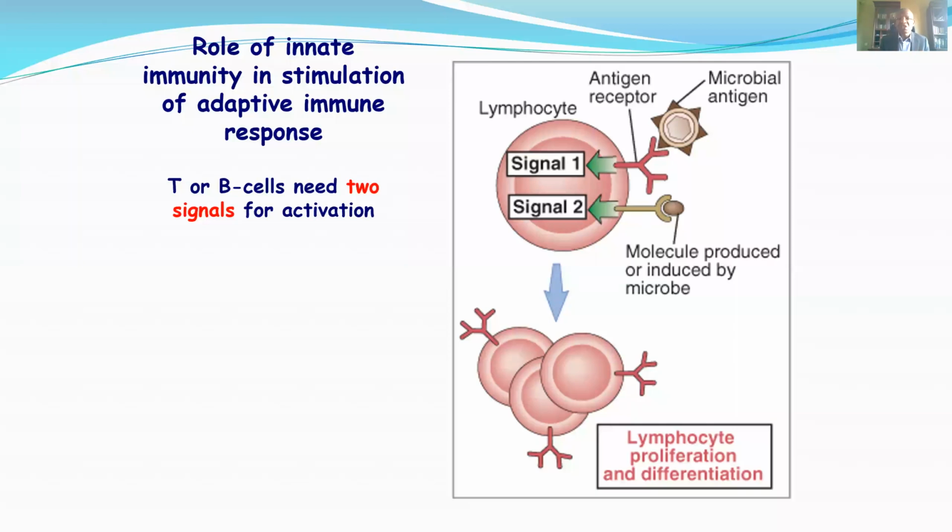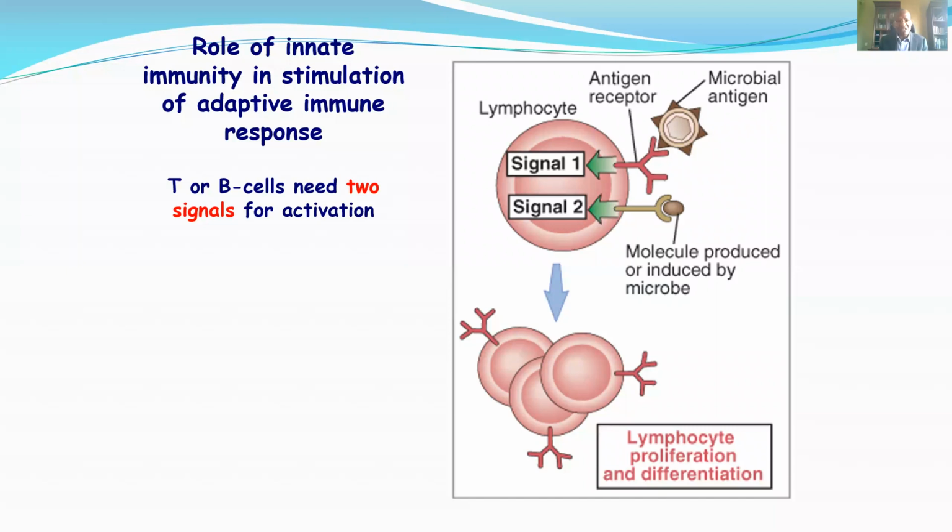So the activity number one, some of the cells which are going to be in innate immune mechanisms like macrophages, they are actually antigen presenting cells. So they pick those antigens and present them to the cells of the adaptive immune system. Now, when that happens, there is the antigen and receptor recognition.